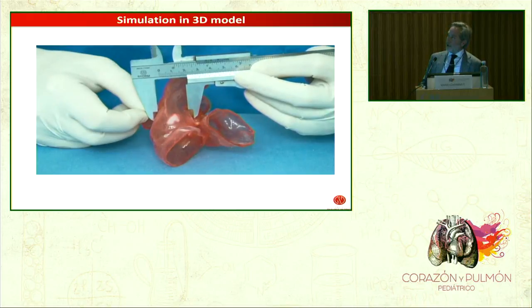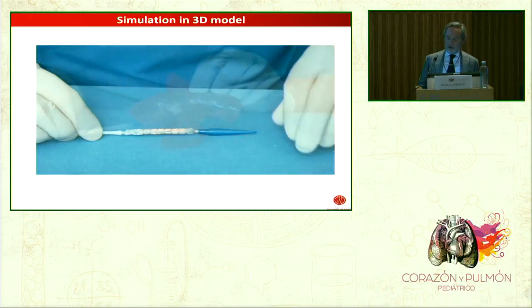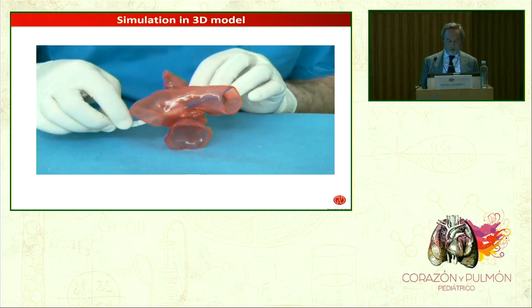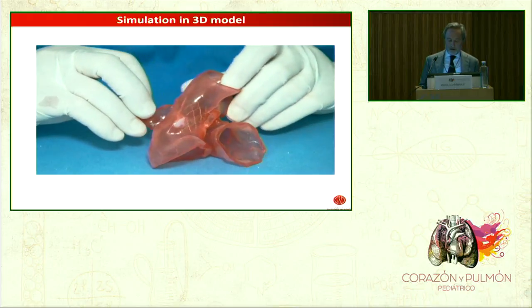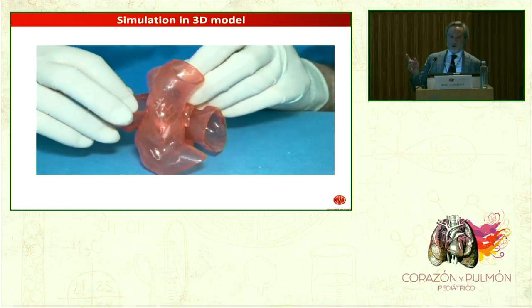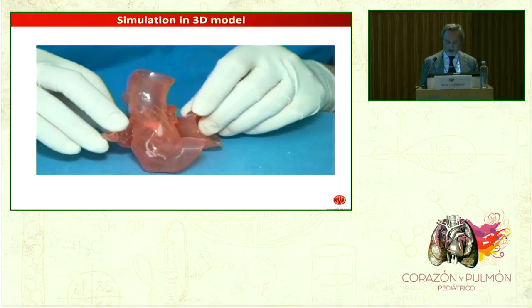As you see here, this is a 1-to-1 ratio of the real heart. You see the conduit, the balloon with the stent inserted, the stent implantation, and in white the calcification that was present in this particular case.